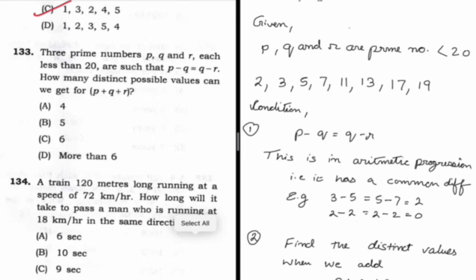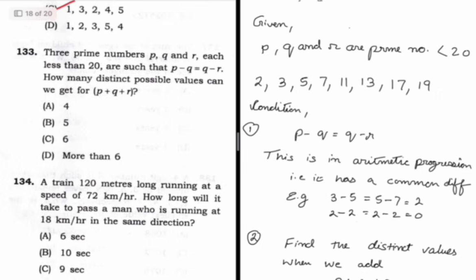Okay, now we'll move on to question number 133. It says 3 prime numbers P, Q and R, each less than 20, are such that P minus Q is equal to Q minus R. So how many distinct possible values can we get for the sum P plus Q plus R? So we'll move on to the solution.